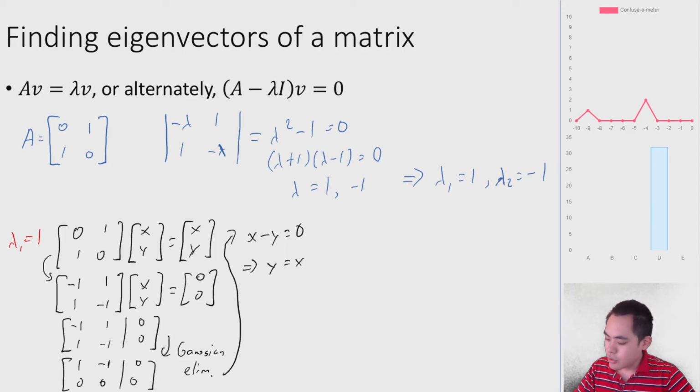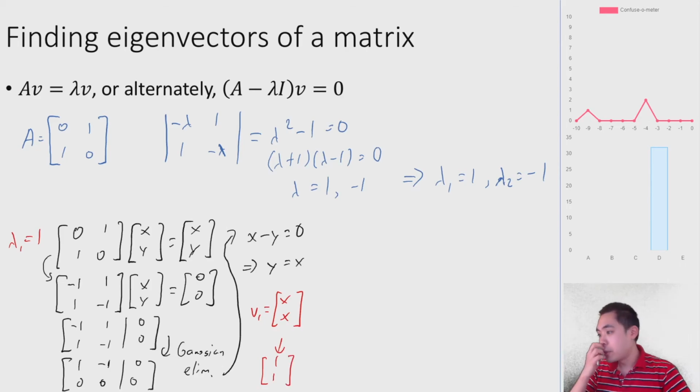You can conclude that eigenvectors v1 are of the form (x, x). One particular eigenvector is (1, 1), but it turns out that (2, 2) is also an eigenvector. When you're solving for eigenvectors, there will always be a free variable, because you can scale things and you still get an eigenvector.